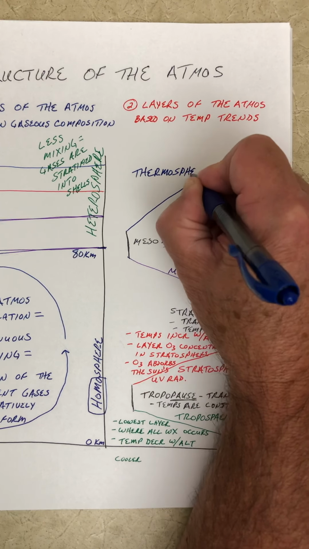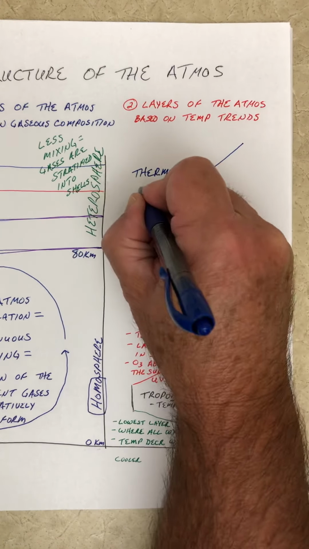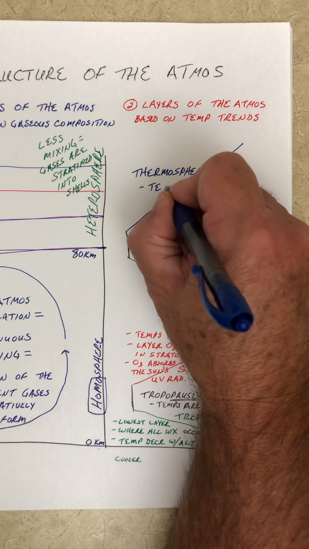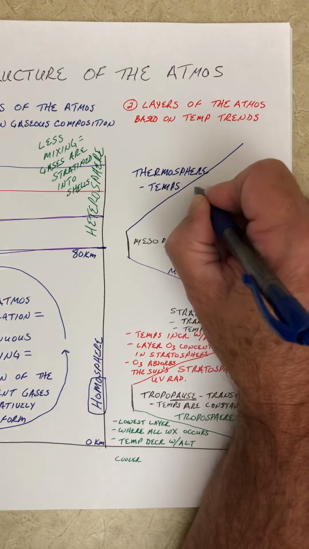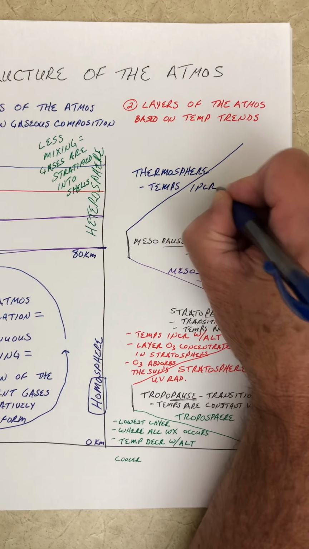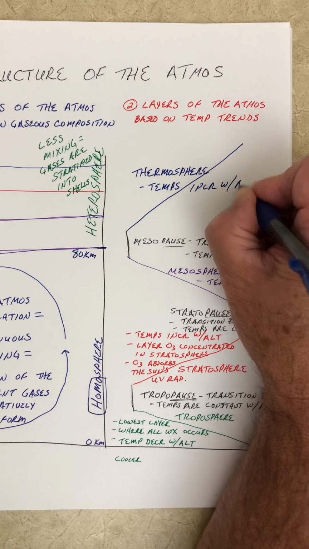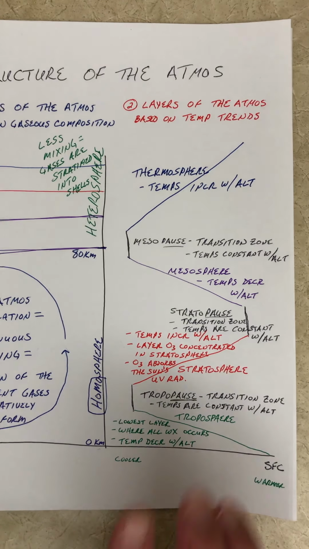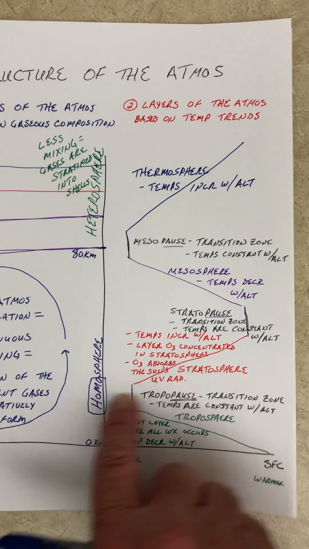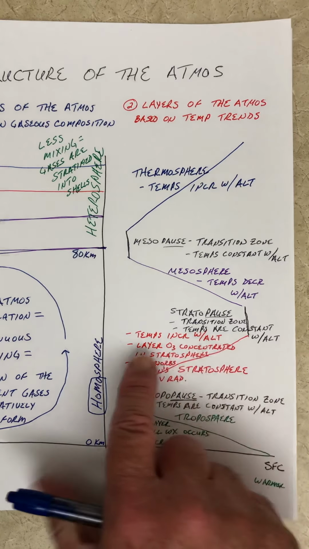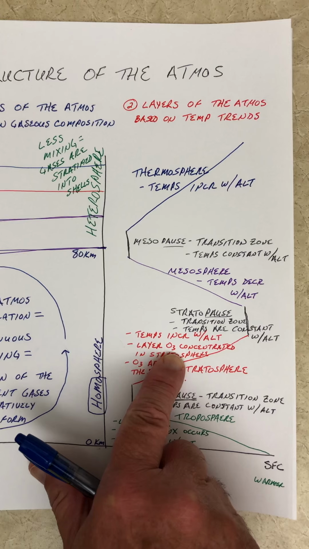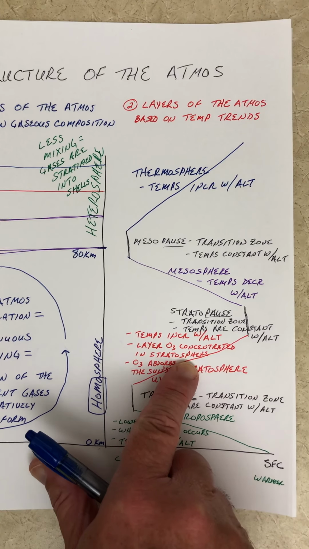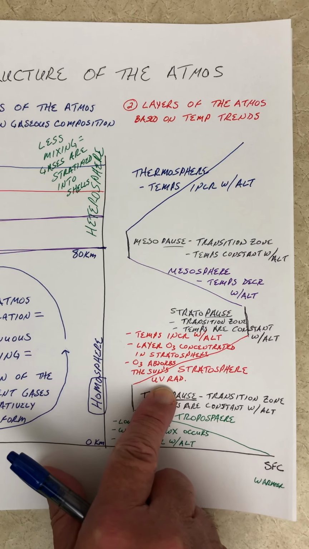And once again, the temperatures in the thermosphere are increasing with altitude. Okay. And there's got to be a reason that the temperatures are increasing with altitude. Remember, down in the stratosphere, temperatures were increasing with altitude. That's because we had this layer of ozone that was concentrated in the stratosphere, and ozone absorbs the sun's ultraviolet radiation.